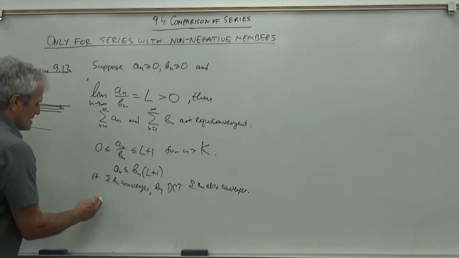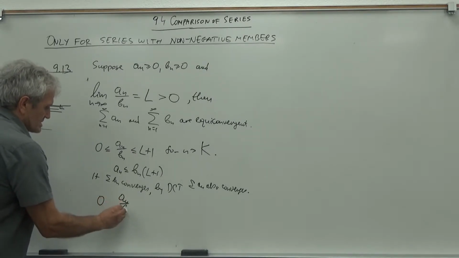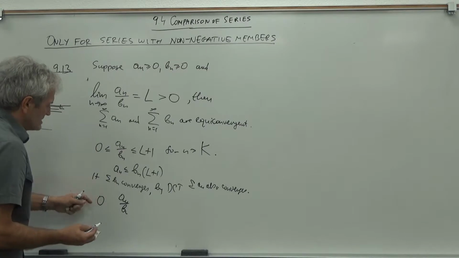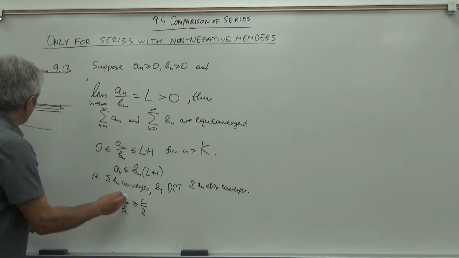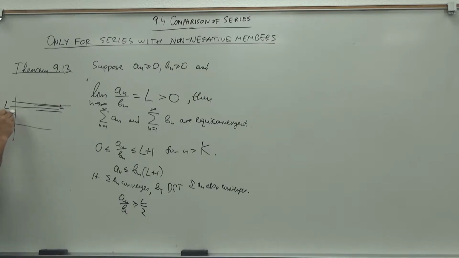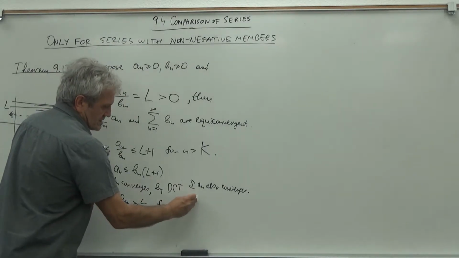Then we have what? The same way, an over bn, which is greater than 0, if it approaches L, should be greater or equal to L half. If you are approaching L here, then if I put L half here after some k, you must get close, for n greater than some k.